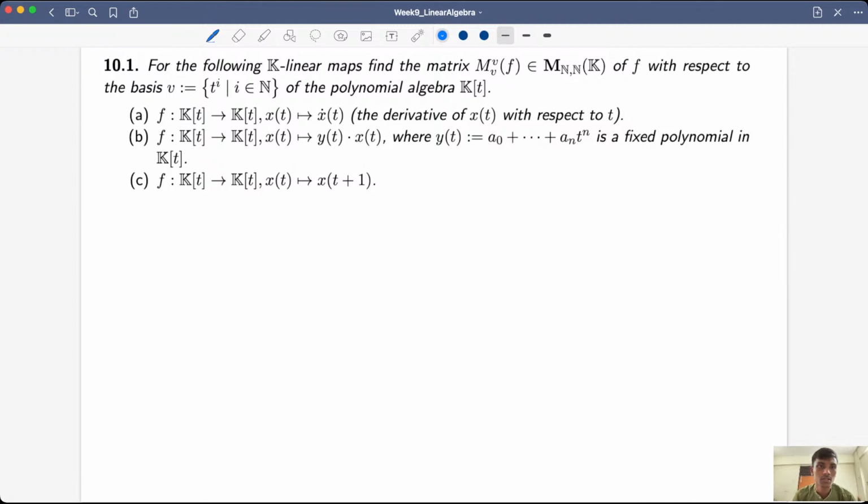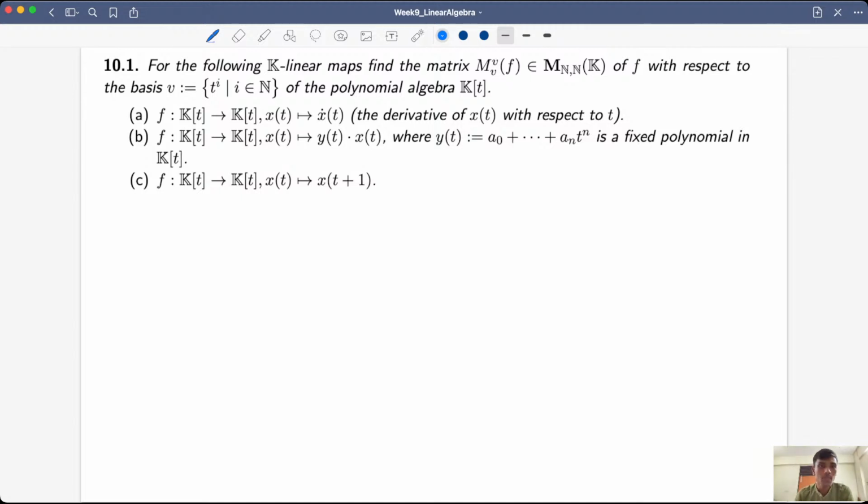Here, for these three linear maps A, B, C, we have to calculate the matrix. The vector space is K[t], the polynomial algebra, and the fixed ordered basis is t to the power i, i belonging to N. So it is 1, t, t square, t cube, and so on.